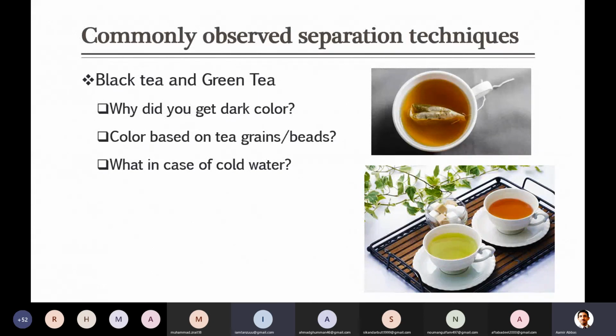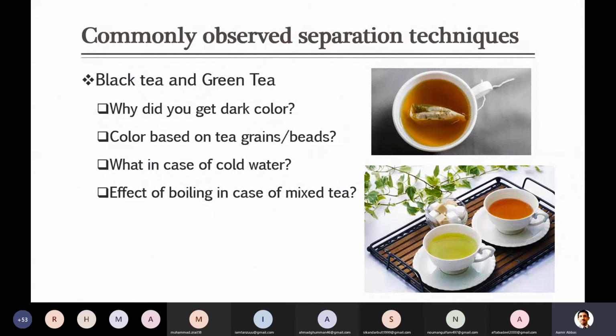Yeah, you are right. By the way, this is not absorption, but okay, you are right, because in cold water when we put it, we still get some color, but it is not that dark because there is not much extraction. So why do we boil the tea, why do we increase the temperature, or put it in hot water? When you have high temperature, the extraction is higher as compared to low temperature, and you will get better tea.